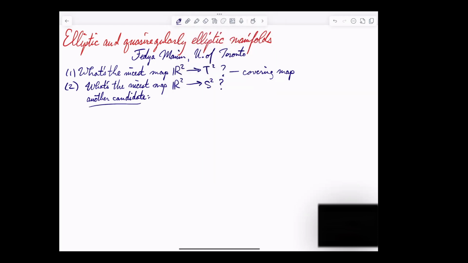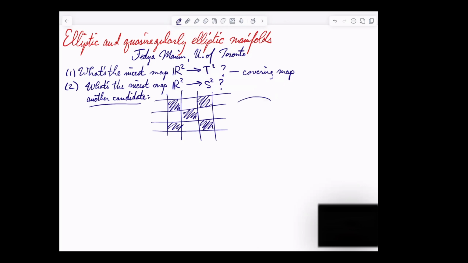you take R2, partition it into a grid, and color it like a checkerboard. Then the black checkers go to the top hemisphere of the sphere, and the white checkers go to the bottom hemisphere, and the vertices of this tiling go to 4 points along the equator, let's say equally spaced.